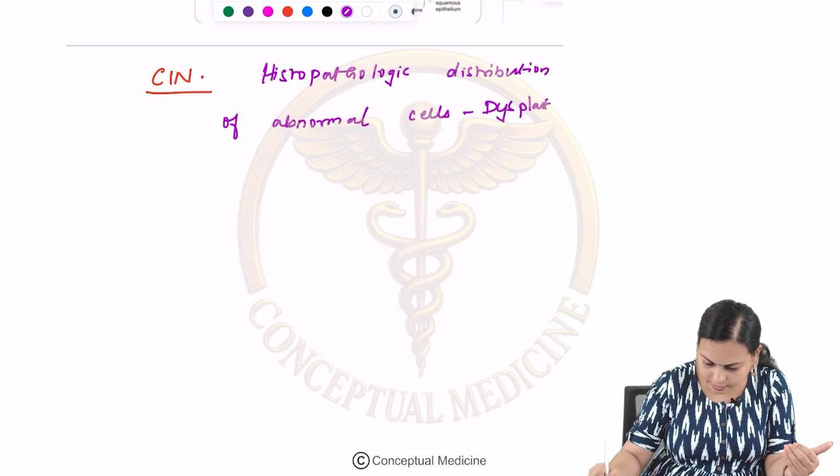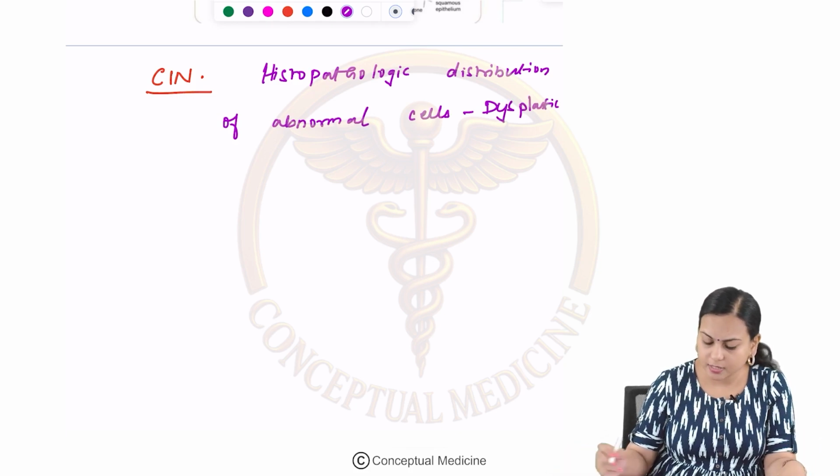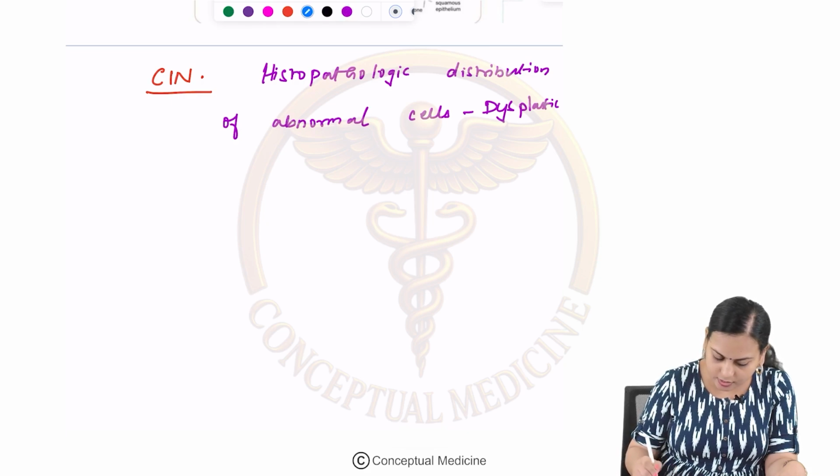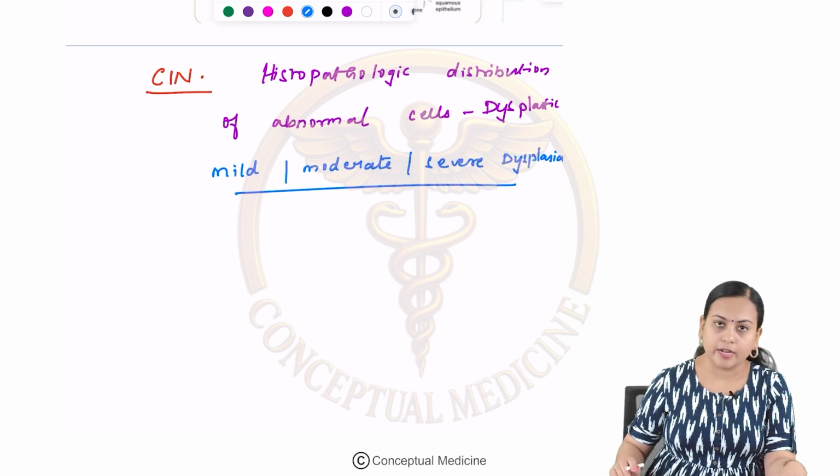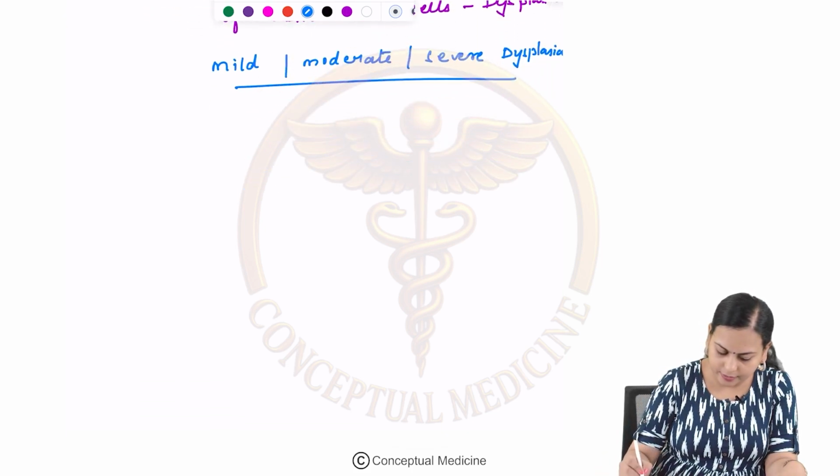So, dysplastic cells in squamous epithelium. This refers to mild, moderate or severe dysplasia.